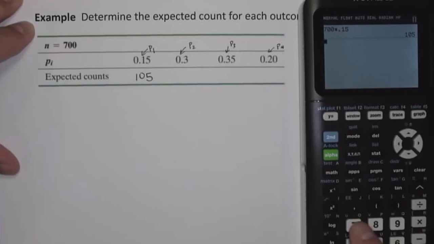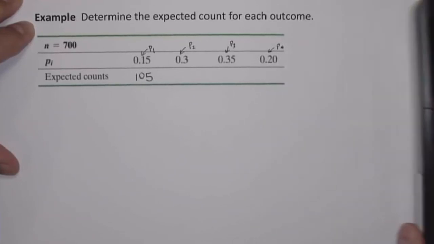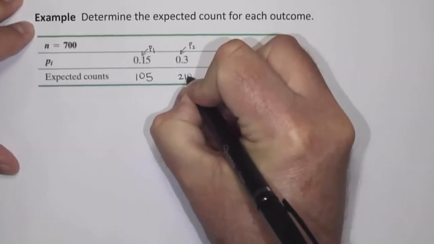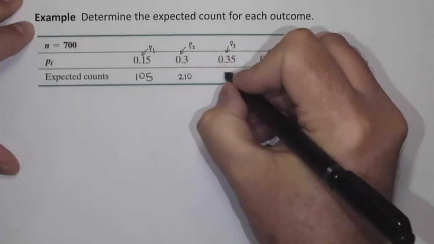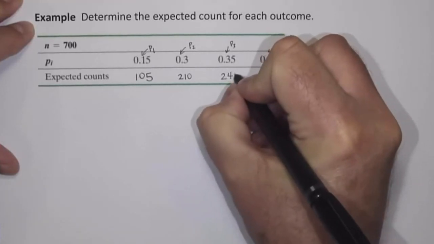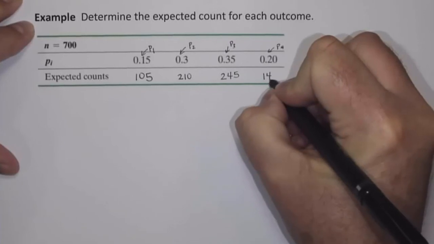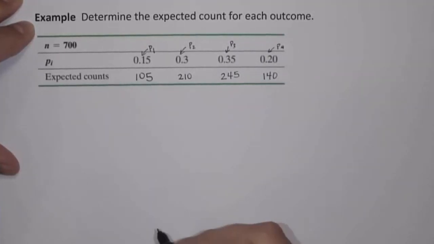In the same way, if I take 700 times 0.3, that equals 210. 700 times 0.35 equals 245. And 700 times 0.20 is equal to 140. So the expected count for the second outcome is 210, the expected count for the third outcome is 245, and the expected count for the fourth outcome is 140.